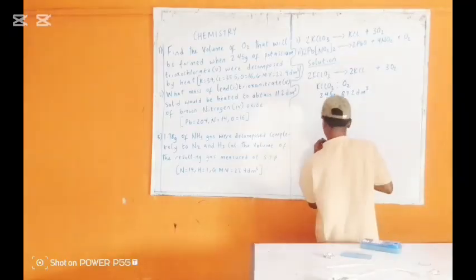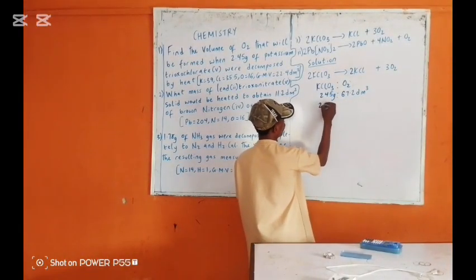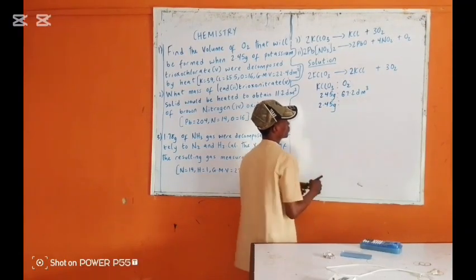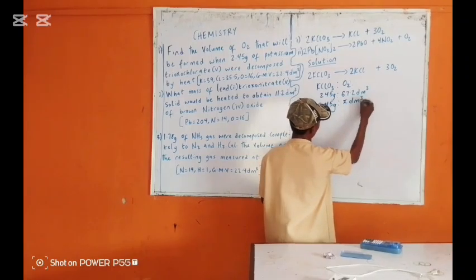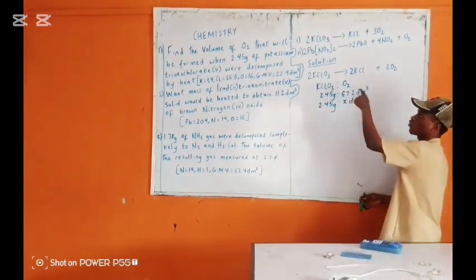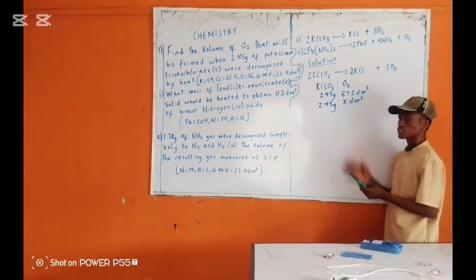So we have 2.45 gram, and we have X dm cube. Find the volume of O2, so it's unknown. What is next in here?